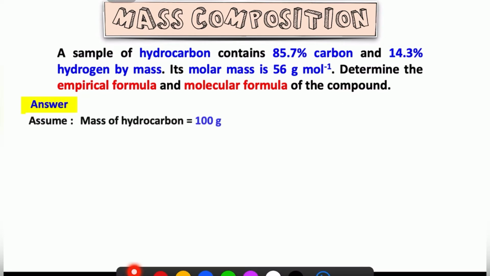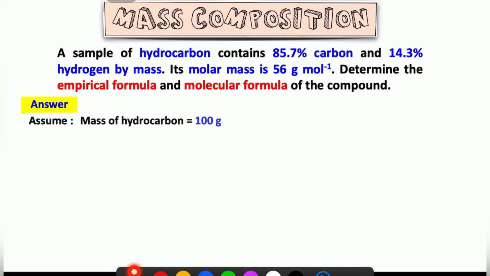So you have to assume the mass of the hydrocarbon as 100 gram because it gives you the percentage of carbon and hydrogen. You can assume the mass of the hydrocarbon as 100 gram, 1000 gram, or any amount, because it already gives you the percentage.